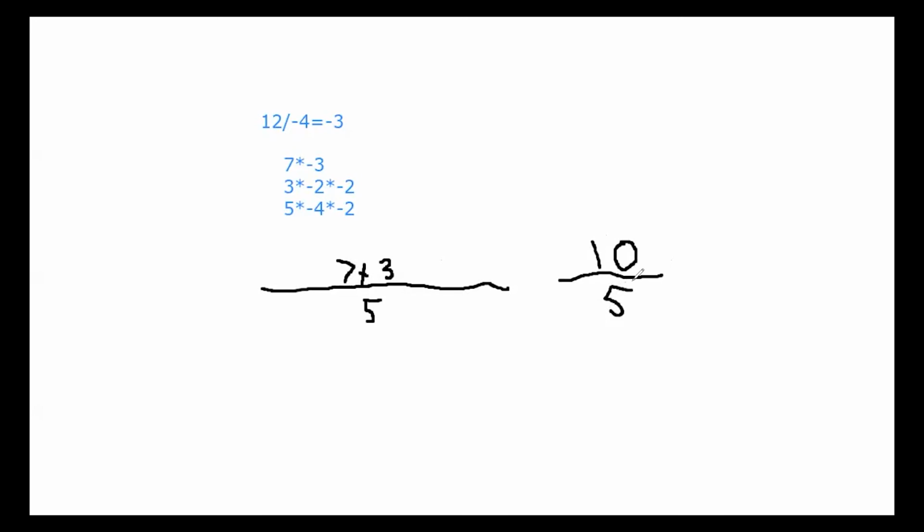And then we have 5. 10 divided by 5 is 2. So that's pretty easy, but just keep in mind you have to do 7 plus 3, and you have to divide by 5.